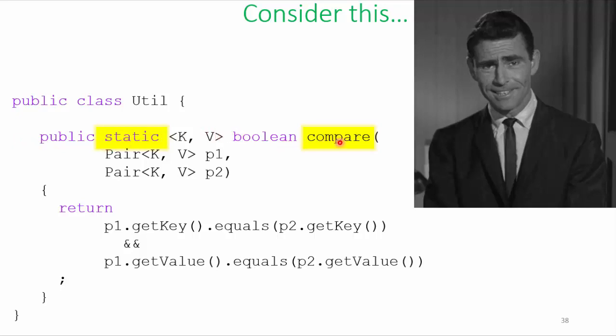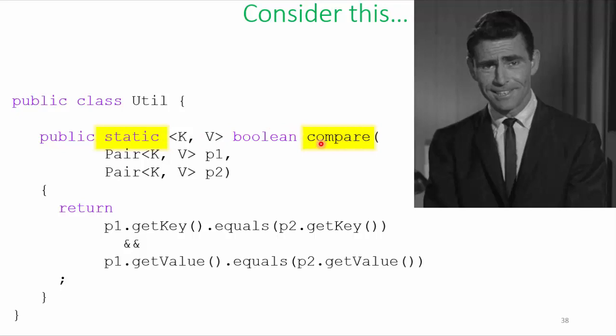The first one, compare, the only one that we have right now in the class, returns a boolean. So nothing really special there, but it accepts two type parameters K and V. So you can tell already it's going to have to do with continuing a little our example from the Pair interface and the OrderedPair class, right?